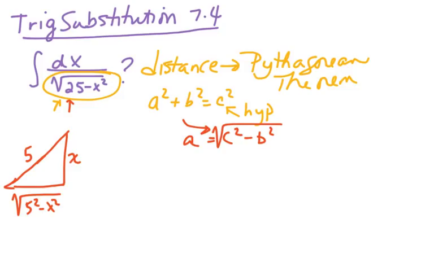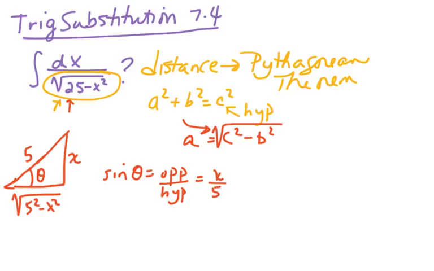So the angle theta, we can easily solve using the relationships of the legs of the right triangle. The sine of theta would be the opposite over the hypotenuse, which is simply x over 5.